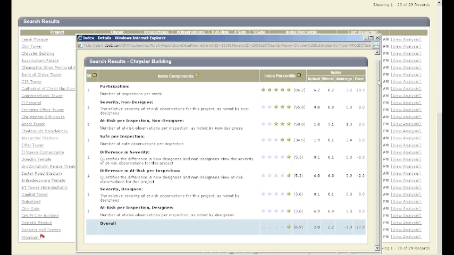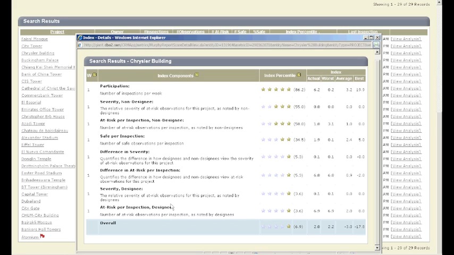We have severity as well as the at-risk per inspection rate or the unsafe per inspection rate. Now this can be broken out by designee and non-designee. It's basically saying the difference between one group and another. We also measure the difference between these two groups. This alignment makes up 2 of the metrics for our project index.